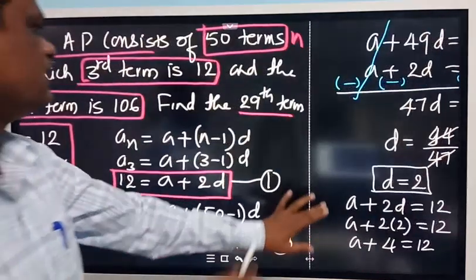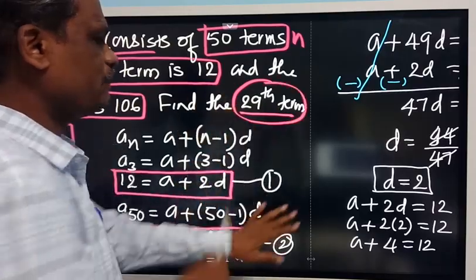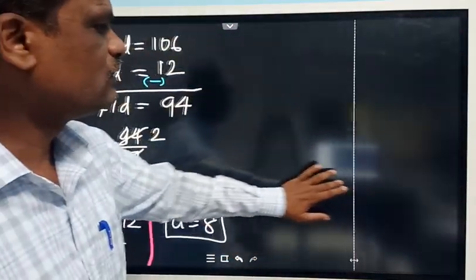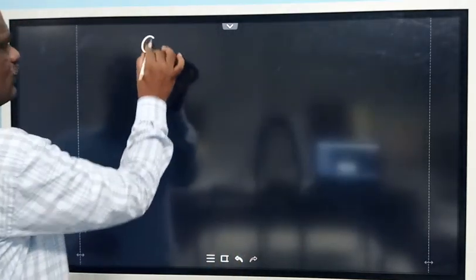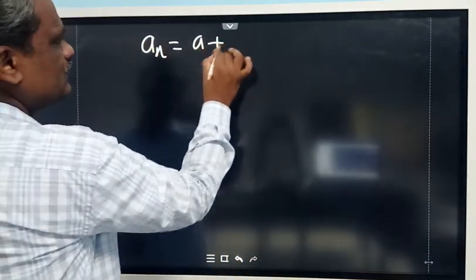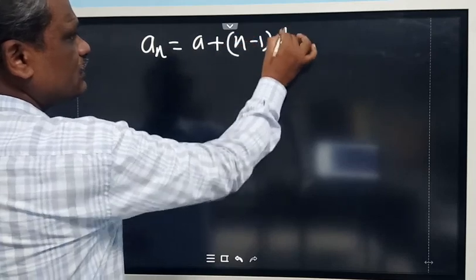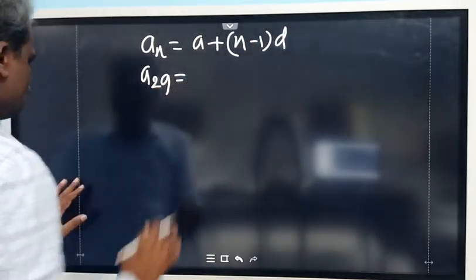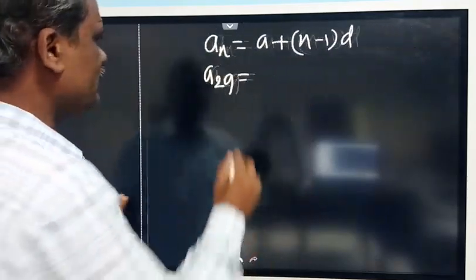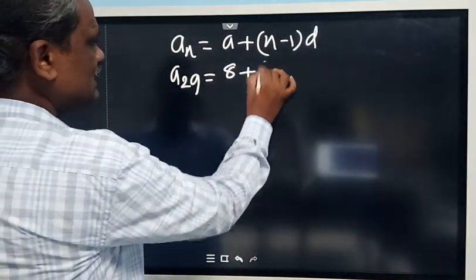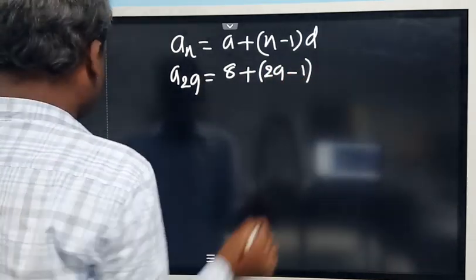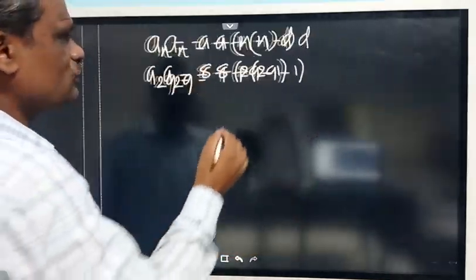Now we need to find the 29th term of this AP. How to find the 29th term? Use this formula: An is equal to A plus n minus 1 into D. A29 is equal to A value, substitute 8, plus n value 29, 29 minus 1, into D value, which is 2.